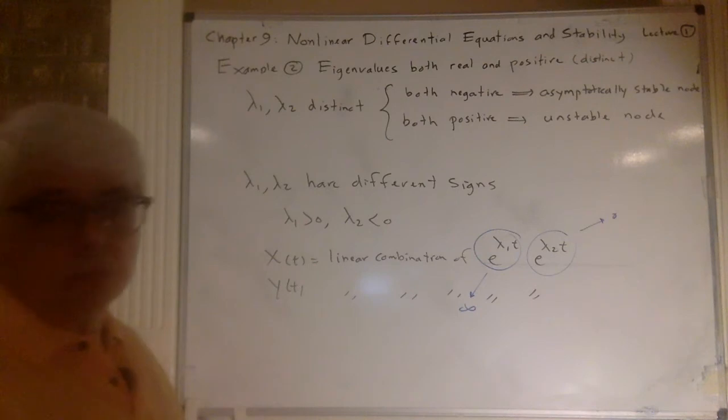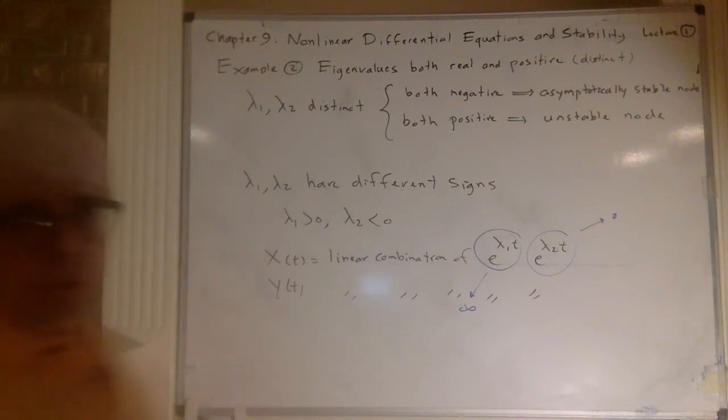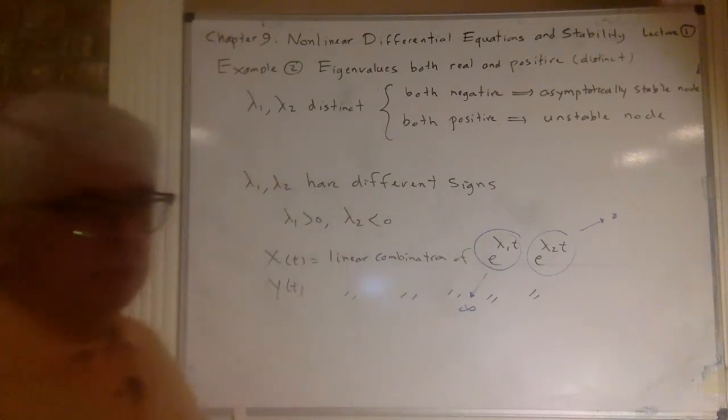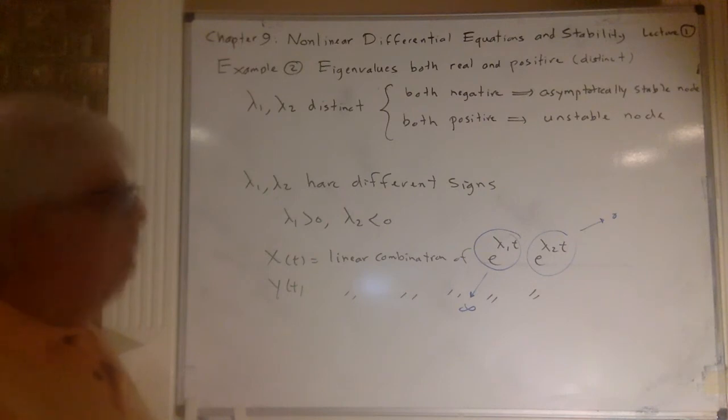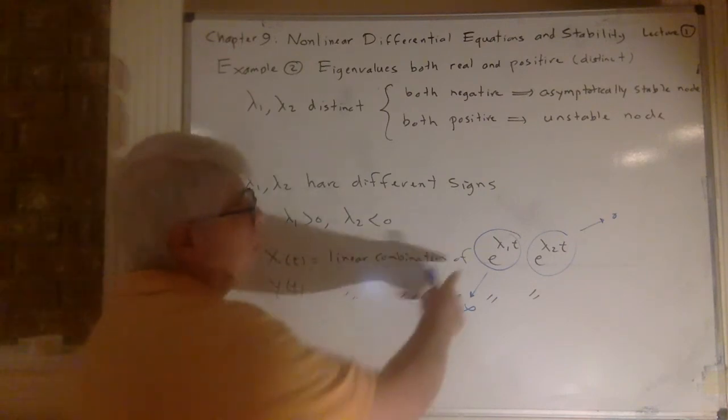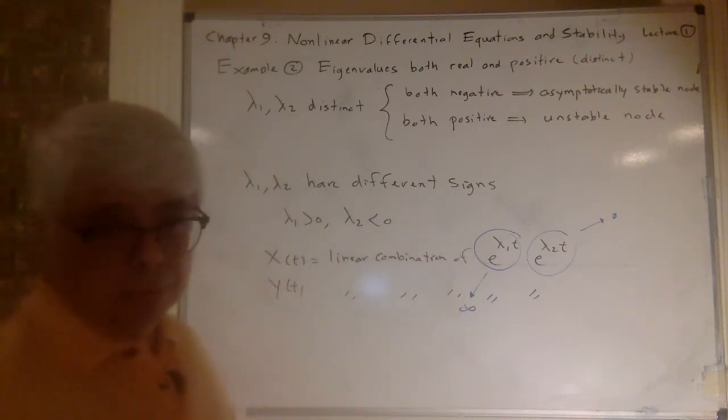So I have something that goes to infinity depending on the coefficient of that linear combination. It might be negative infinity, or it might be positive infinity. But the other one is what? The other one is basically, if t gets larger and larger, that one goes to 0, unless the coefficient of this one is 0. Okay?